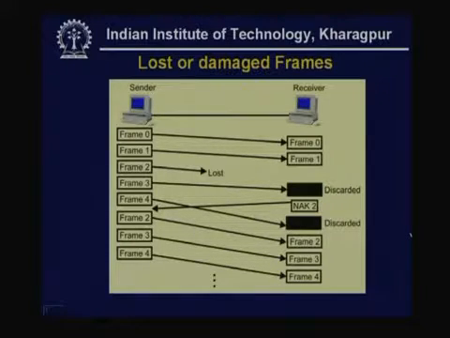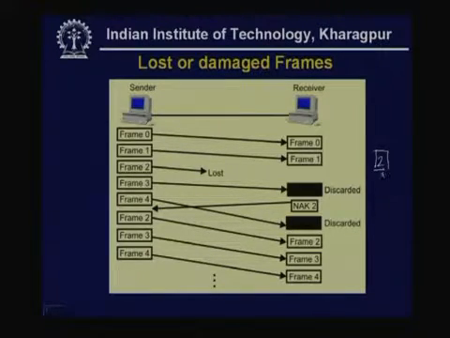Now, let us consider what happens in case of lost or damaged frames. Here frame 0 is being sent, then frame 1 is being sent and frame 2 is now lost. Since frame 2 is lost, after frame 3 is received by the destination, it will be discarded because it is waiting for frame 2. The window that it had was showing 2.